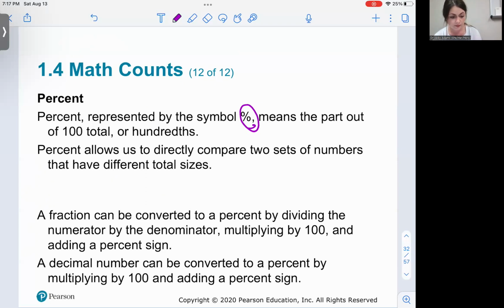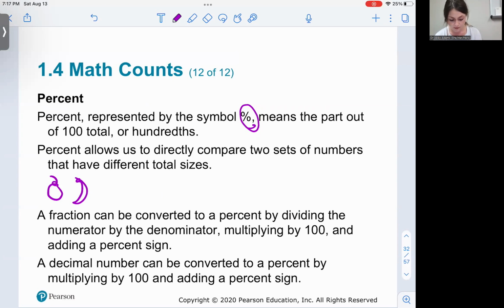So let's say you are a farmer and you grow apples and bananas and you sell them to a grocery store.